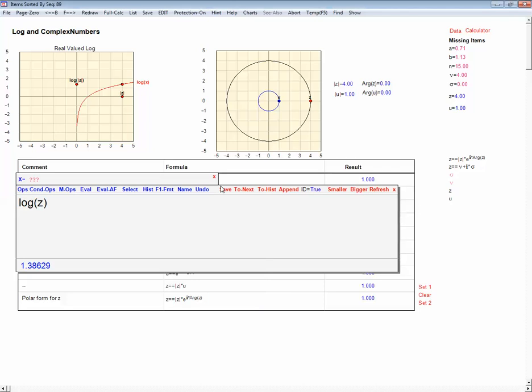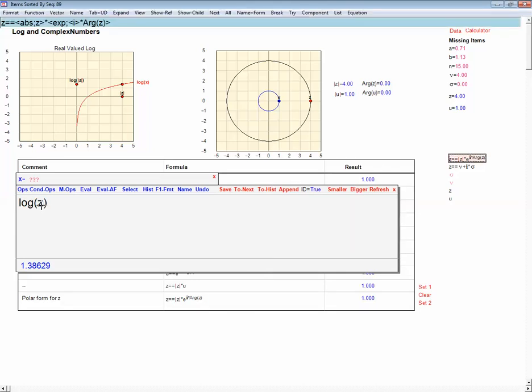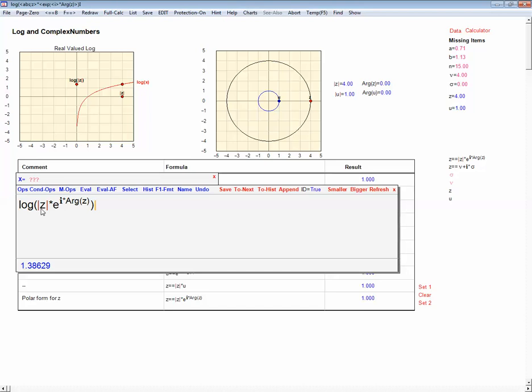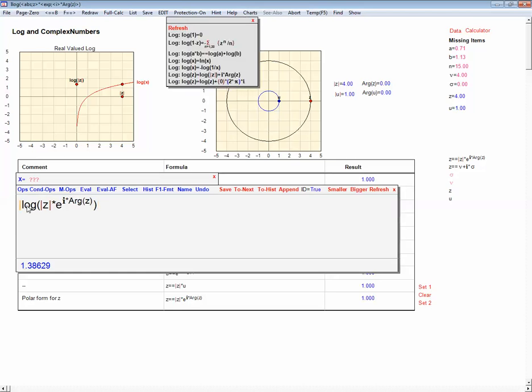Well, you first write z in its polar form, and inside there we see a product, and log loves a product. So let's use that property of logs and break it up into a sum. And then finally we use the log and e inverse property.